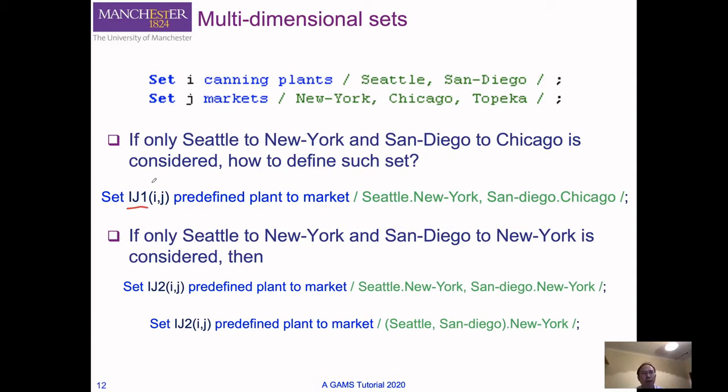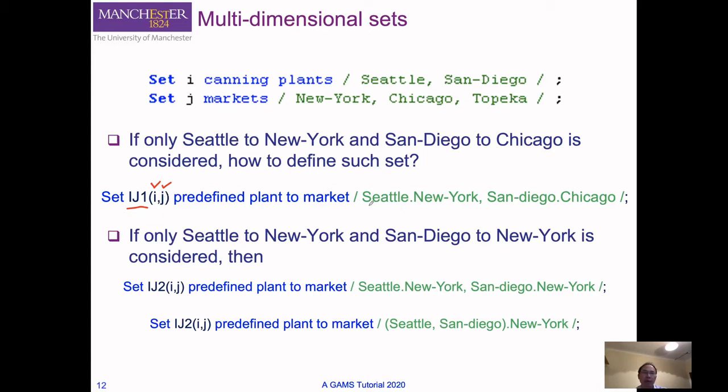We need to provide the names of the sets previously defined to tell GAMS which previously defined sets the elements of this subset belong to. In this subset, we have some elements from set I and also some elements from set J. That's why we have to use ij.